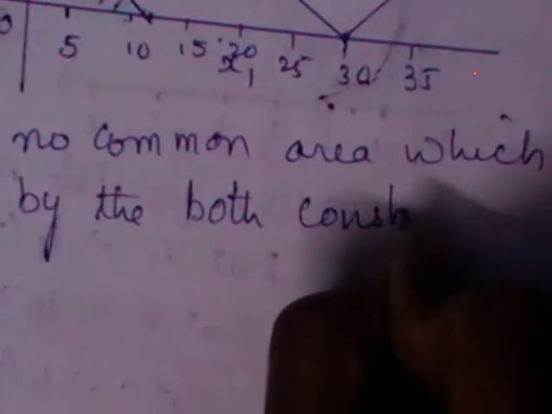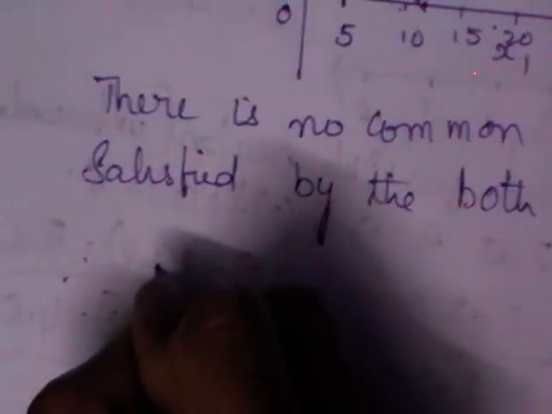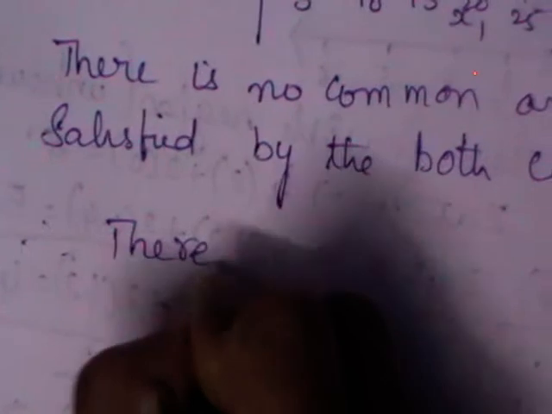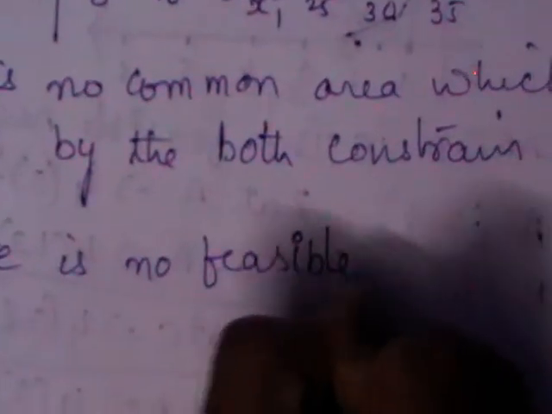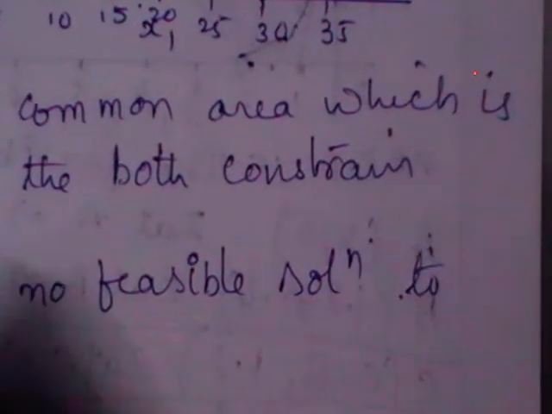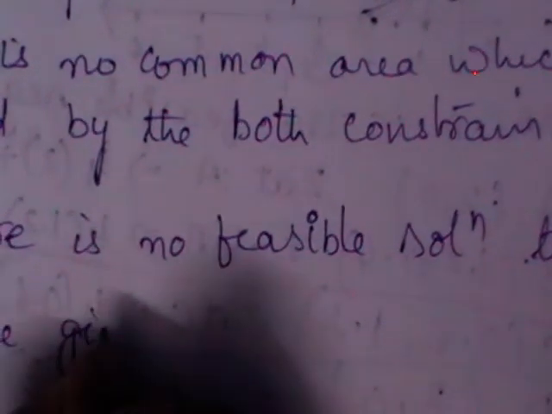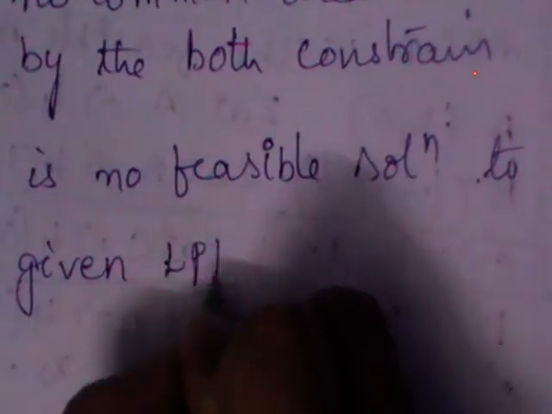So it indicates an infeasible solution. So there is no feasible solution to the given LPP. So this is the third case. Okay, thank you.